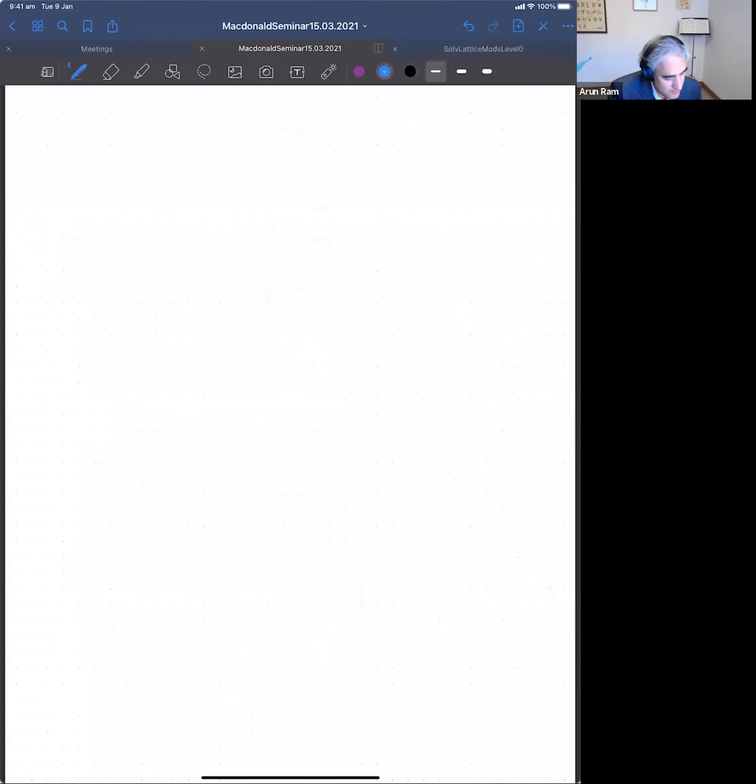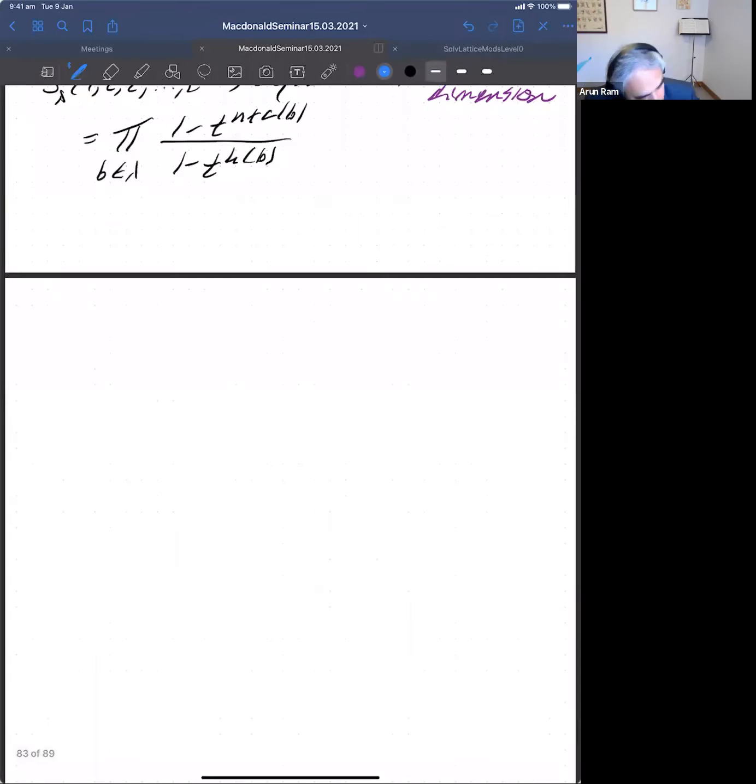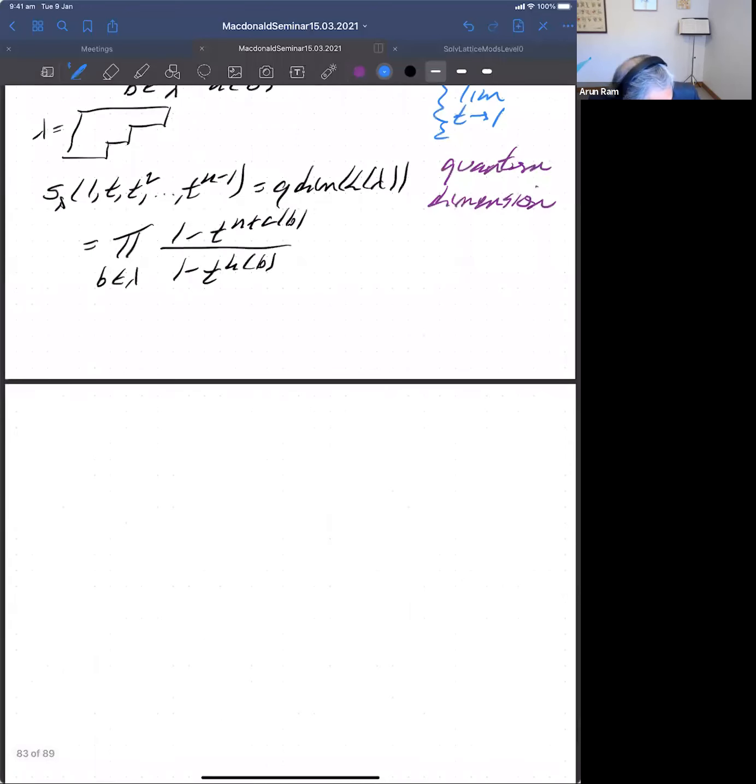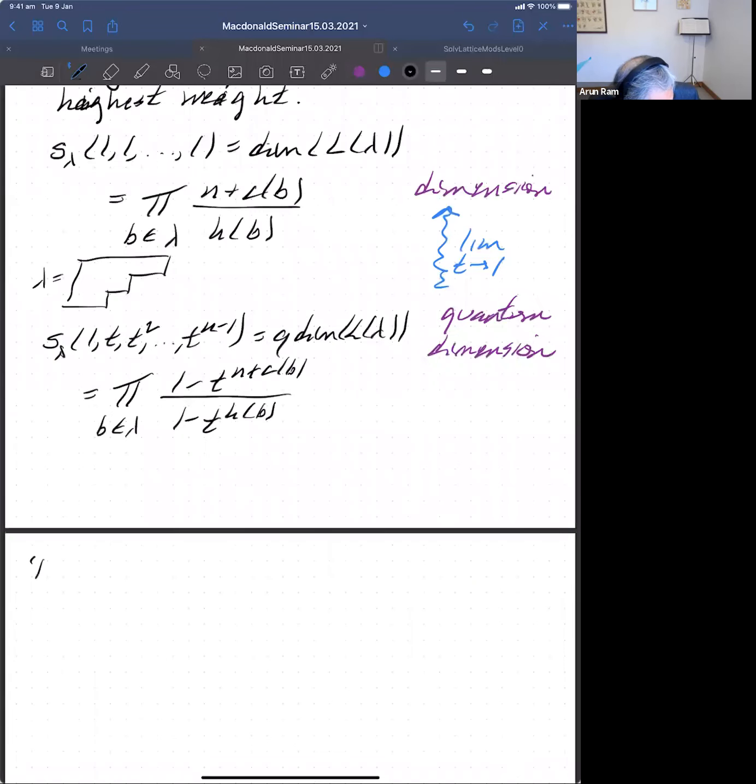Okay, so now is the miracle which I want to talk about today, and that is if I take P_lambda and I take the principal specialization, this also has a product formula. Oh, I forgot the factor, sorry. Now I look at my notes, there's a factor here, t to the n(lambda).